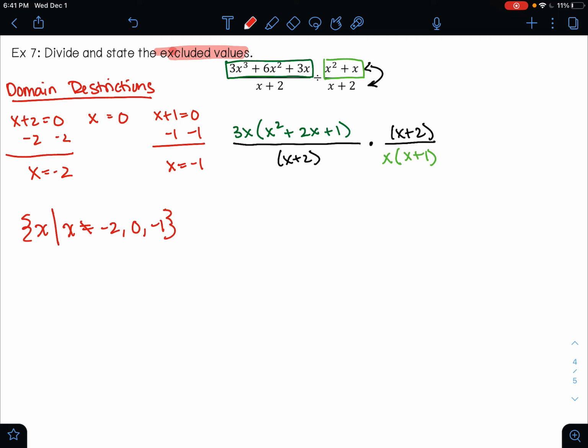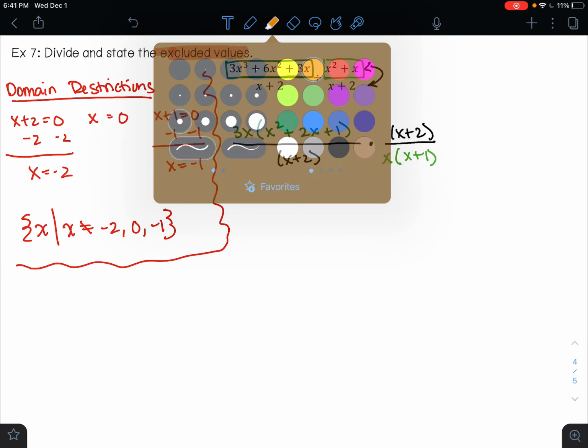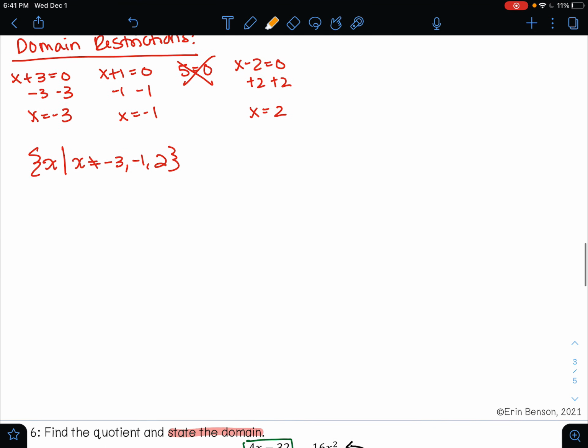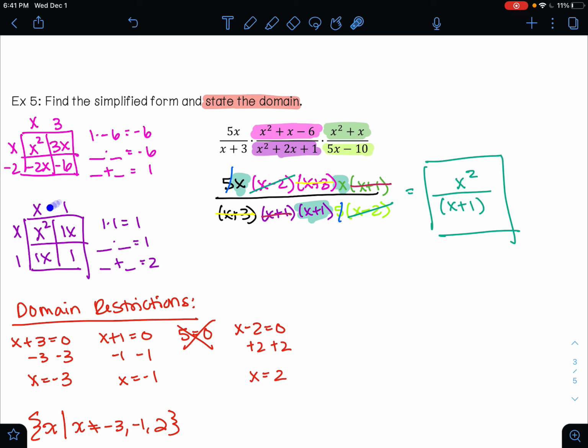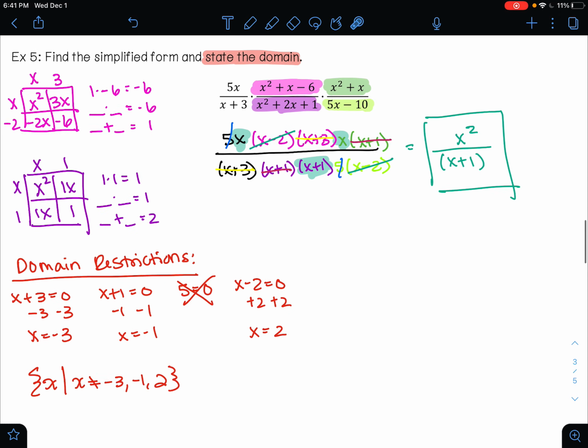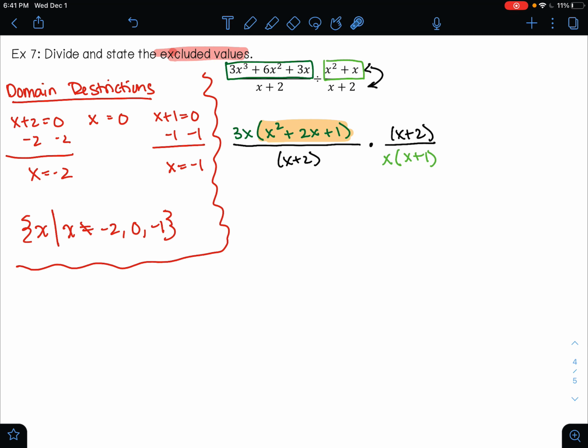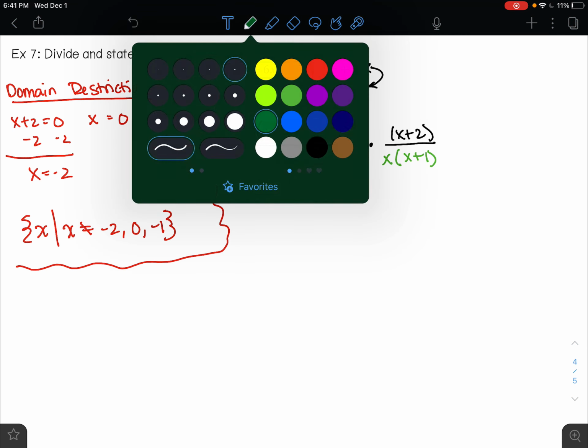If I come back over here to my fraction, I can simplify this a little bit more. We actually already factored this earlier. Let me scroll up to it. We factored it right here. And so x squared plus 2x plus 1 factors into x plus 1 times x plus 1. So I'm going to go ahead and use that. I'm going to bring down the 3x.